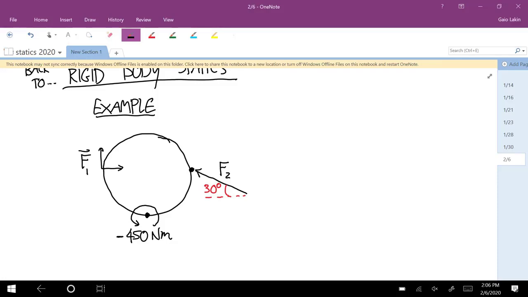The counterclockwise is positive, and then the negative on the number says that it actually goes the other way. So that says that as a moment vector, that is 0, 0, negative 450. On the couple?